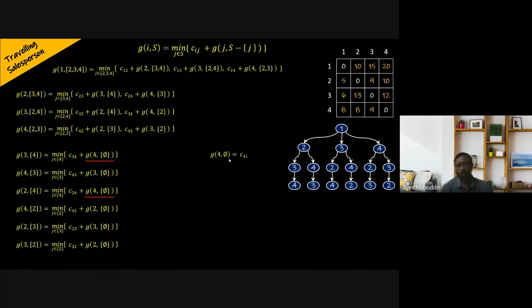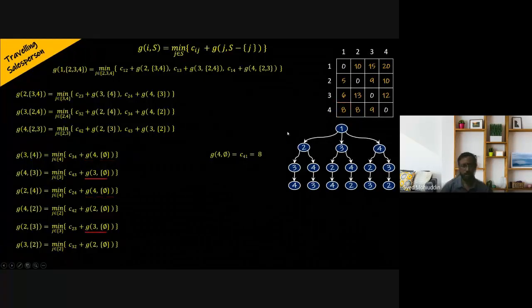So going back to vertex 1 means from vertex 4, how much is the cost? The cost is the same as the cost of that edge and nothing else. So G of 4 comma null will be C of 4, 1, which is from the adjacency matrix. We know that the 4th row and column 1 will contain that cost, which is 8 in this case.